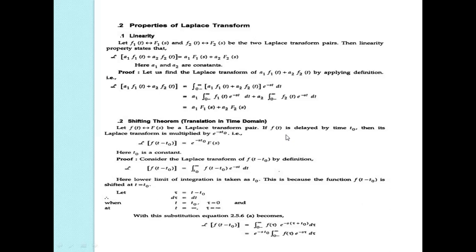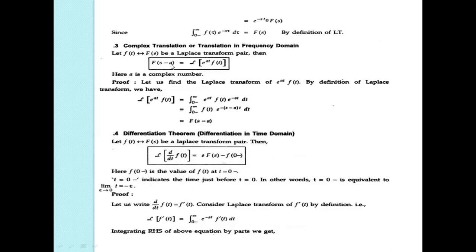The frequency is shifted with the a samples, and there is no change in the time, f of t. So the time domain signal f of t is multiplied with the positive exponential e power at. Applying the Laplace transformation to that signal, the shifting occurs in the frequency: F of s minus a.